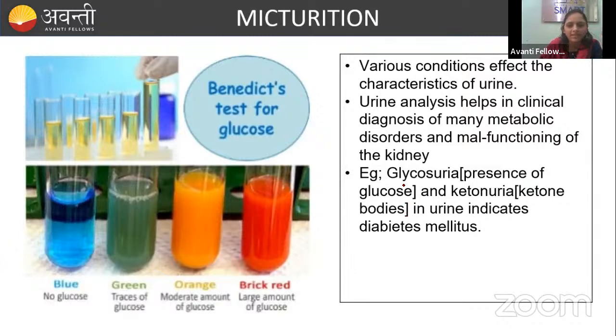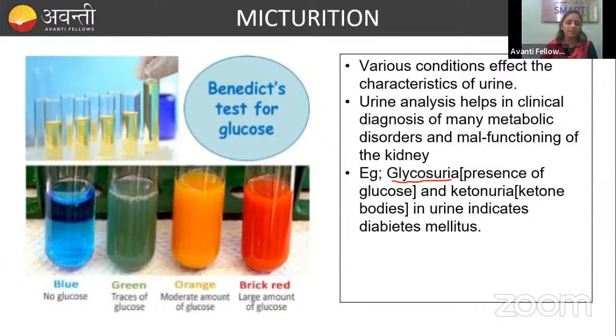Here you can check for glycosuria, whether glucose is present in the urine or not. When you take the example of diabetes, for the diabetes test, they will check for glucose in the blood and also in the urine, right? If the glucose concentration in the urine is high, it means the kidney is not functioning properly, right?